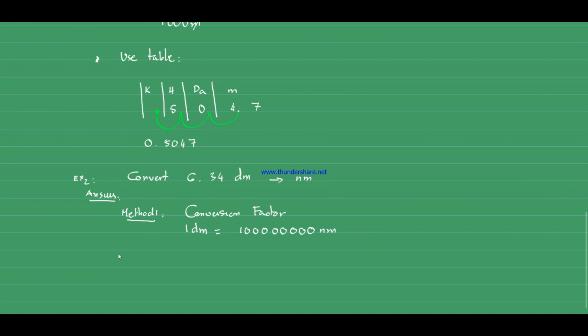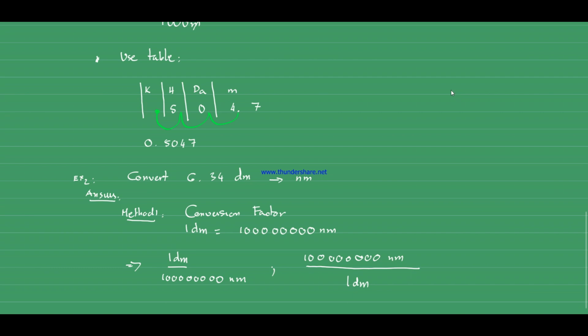All right, so from here we can get the conversion factor: 100 million nanometer over 1 decimeter.